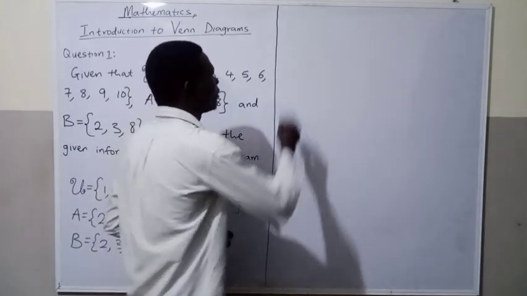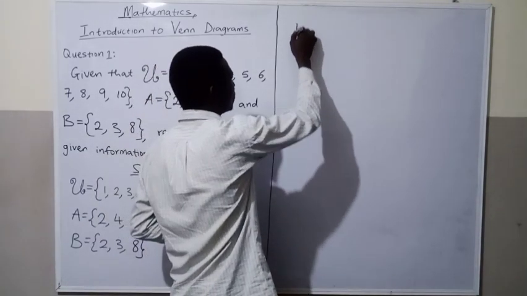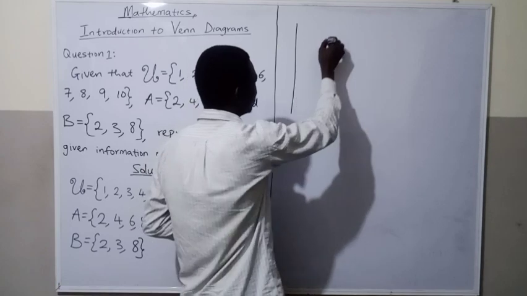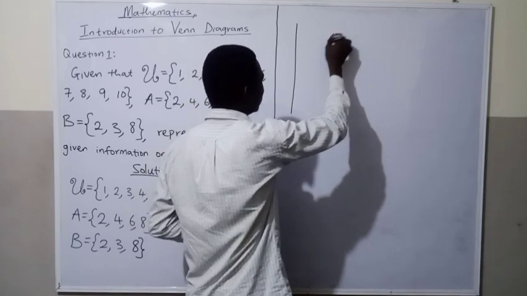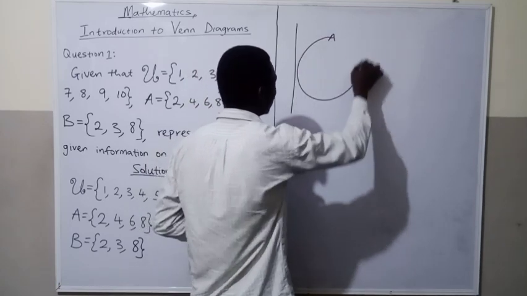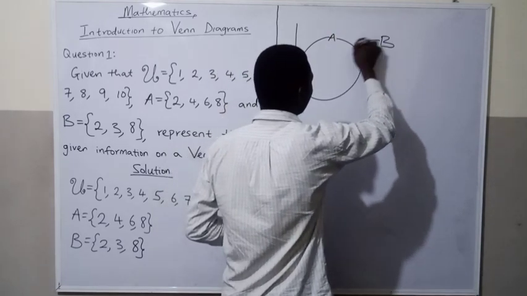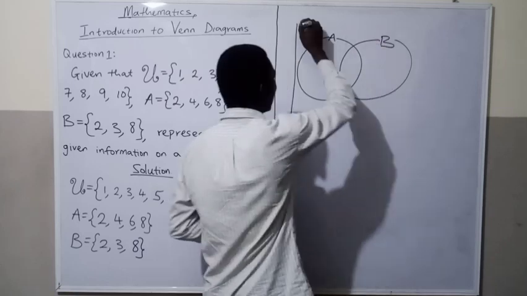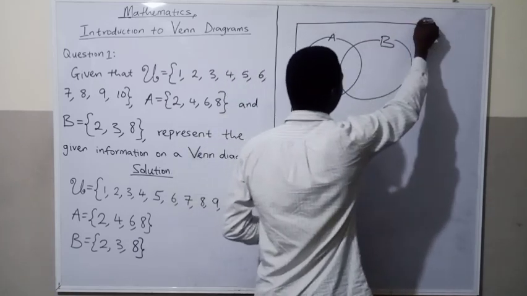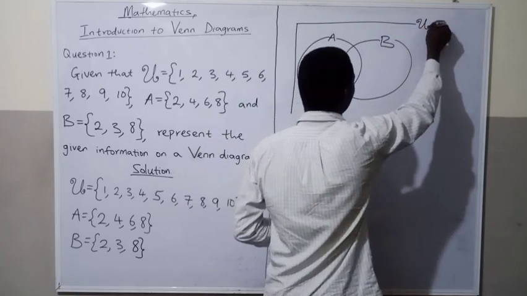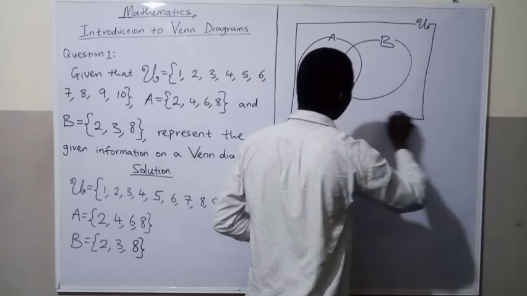Now, the Venn diagram mostly looks something like this. We are going to have a circle for set A, and another circle for set B. Then somewhere around there, we are going to see the universal set.